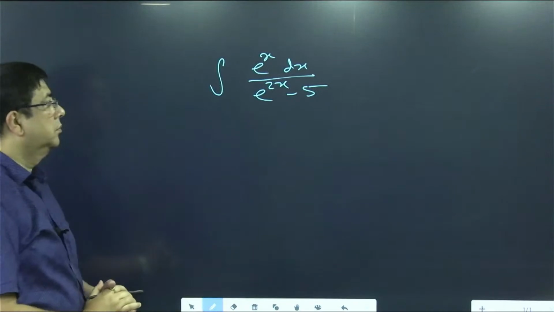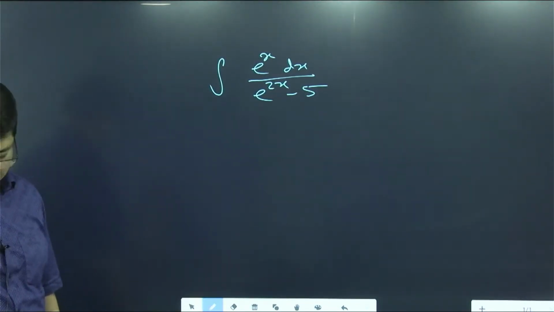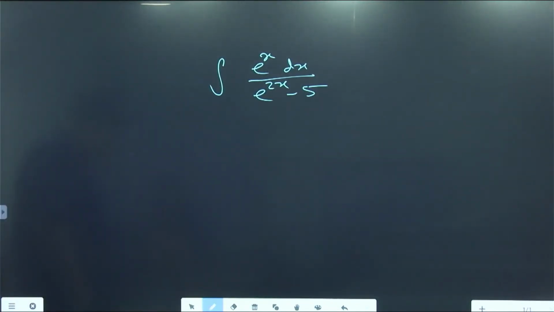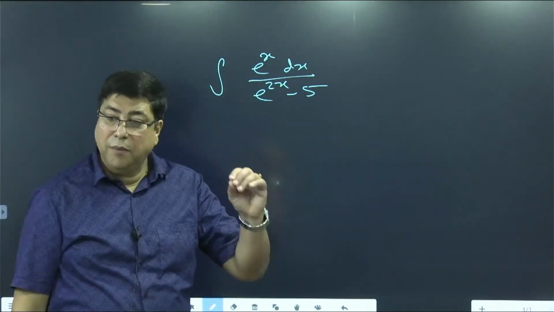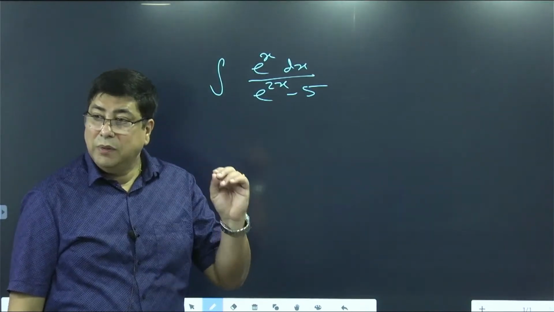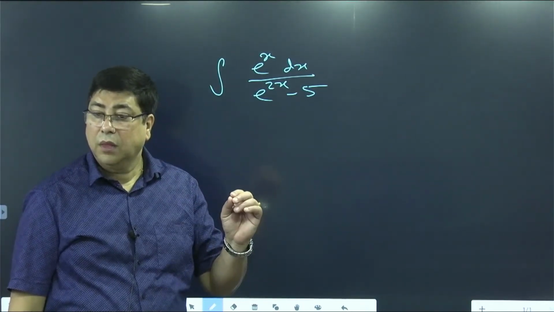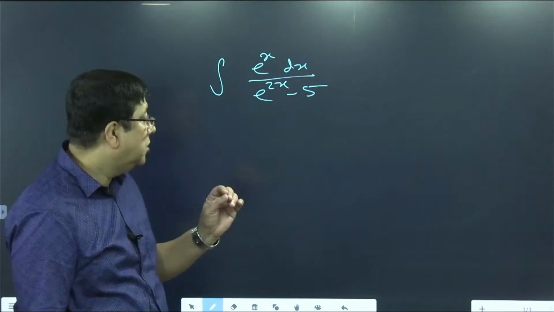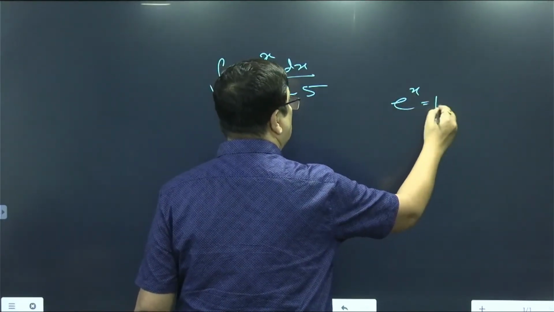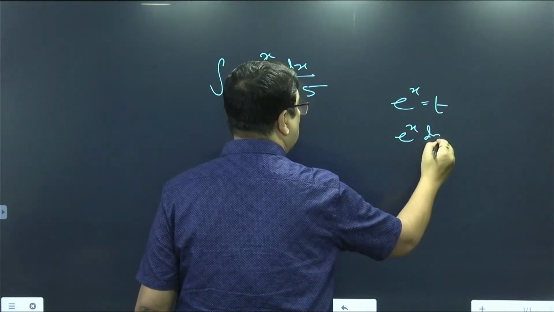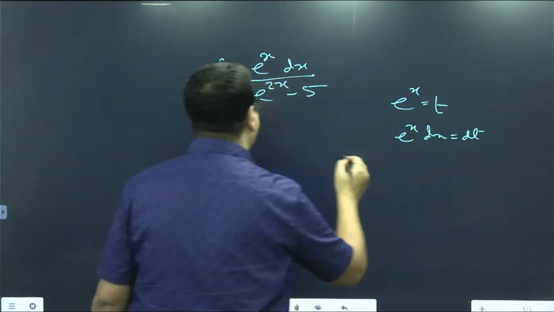Solve this sum. Whose derivative is e to the power x? First of all, you have to think whose derivative is e to the power x. E to the power x. So let us take e to the power x as t. So e to the power x dx equals dt.